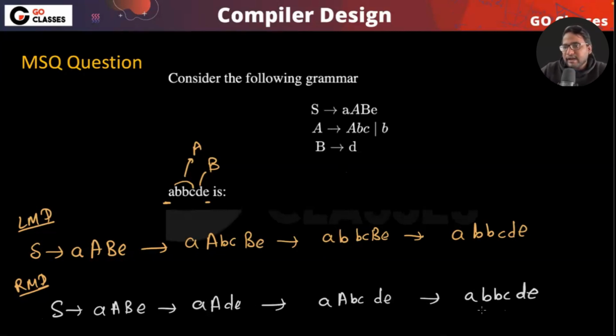Now tell me, what is the handle if I treat this as a right sentential form? What is the handle? I think this B, right? This B. If I treat this as a left sentential form, then what is the handle? This D. So this is the position number 1, 2, 3, 4, 5. So at position 5, you have this as a handle in LMD. At position 2, you have this as a handle in RMD, right? Okay.